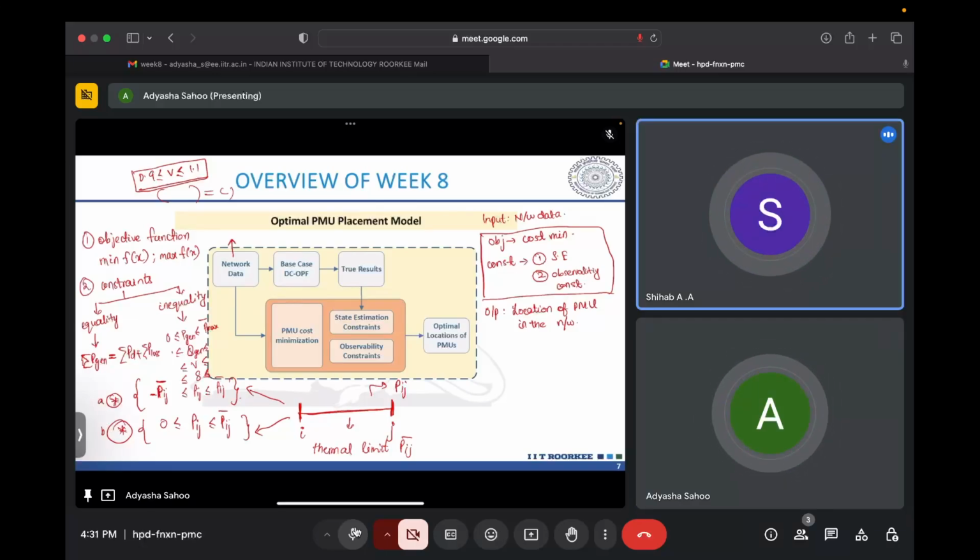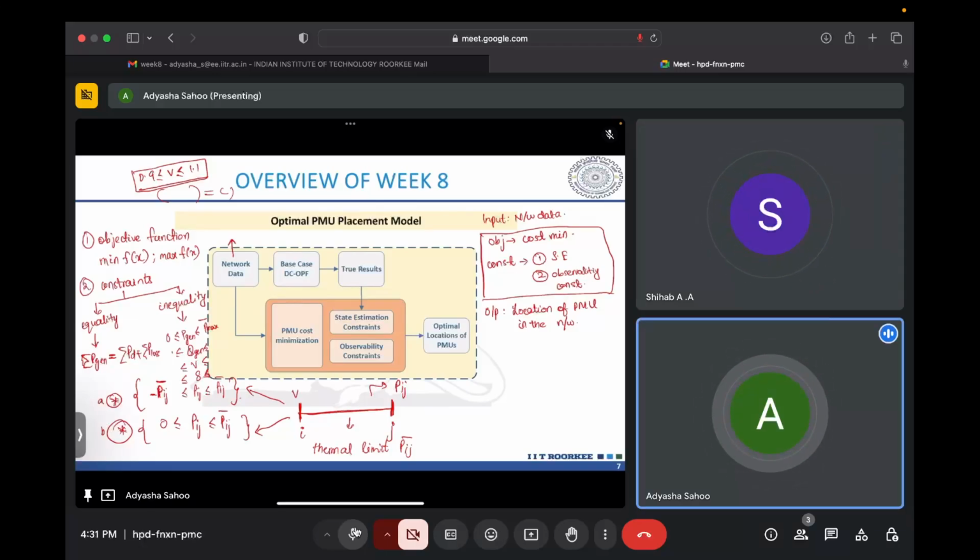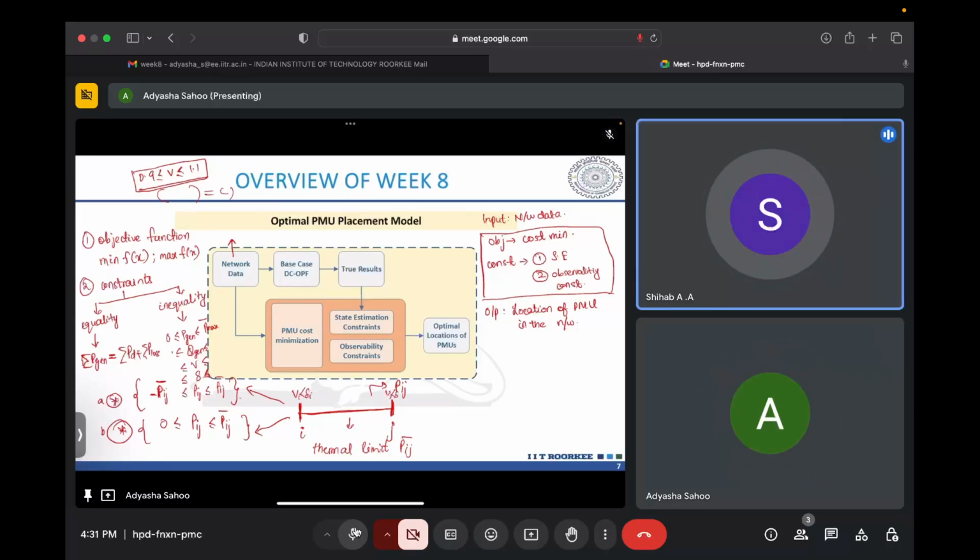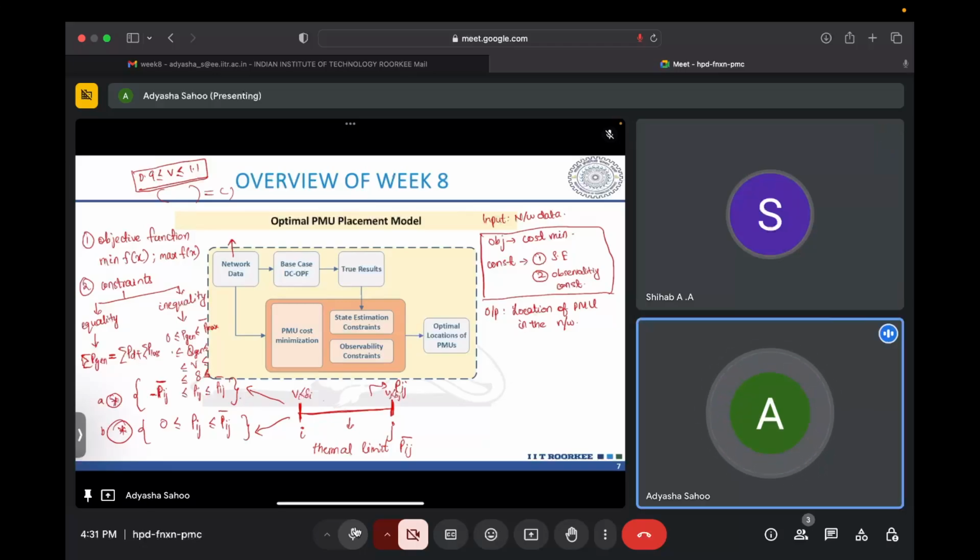That will depend basically on the voltages at these buses, V angle, Vi angle, delta I. So sometimes it may happen that the power is flowing from I to J and sometimes from J to I. That means due to this bidirectional power flow, you need to have the inequality constraints in both directions. So this is, let's say, from I to J, and this will ensure it from J to I. So hence A is correct.